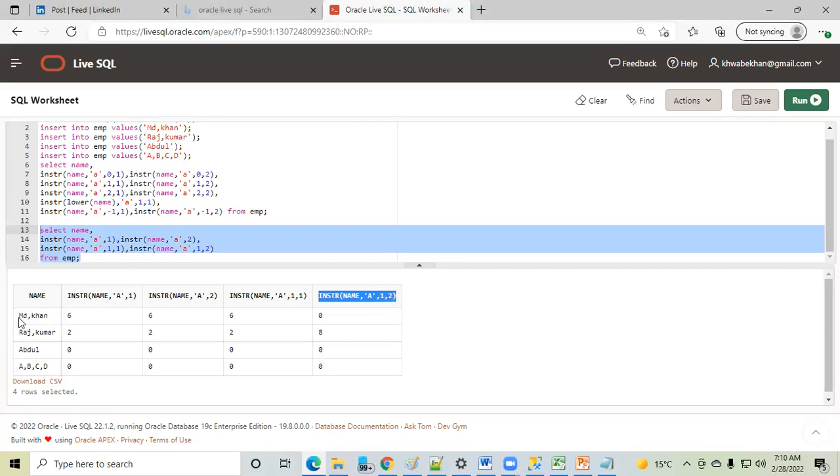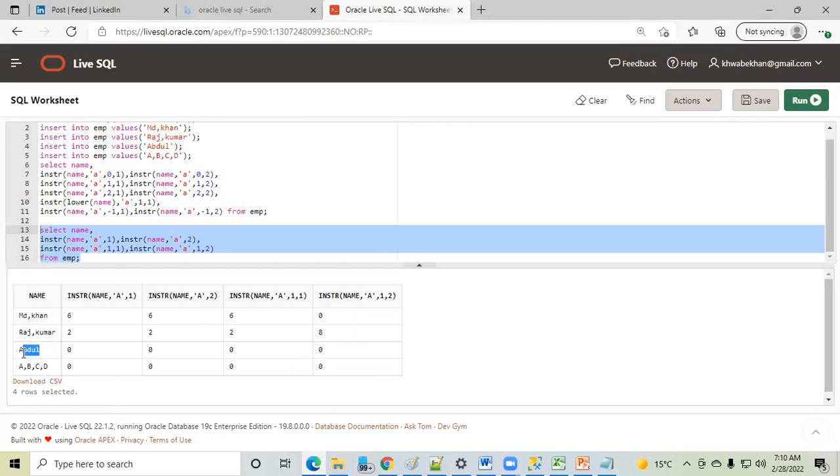So in Muhammad Khan, you don't have any second occurrence of a, only the first is present here. But if you see Rajkumar, do you have a second occurrence of a? Yes, in the 8th position, and that's why the output is 8 here.